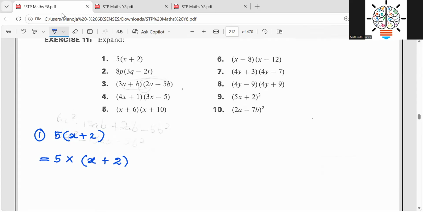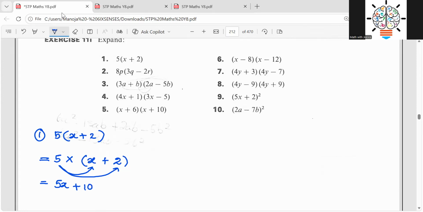In between the number and the bracket, we have a hidden multiplication. You multiply each and every component inside the bracket by the outside number. 5 times x, 5x, and 5 times 2, 10. You write it like this.